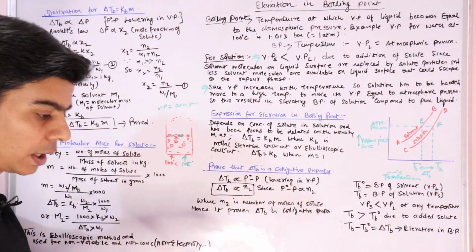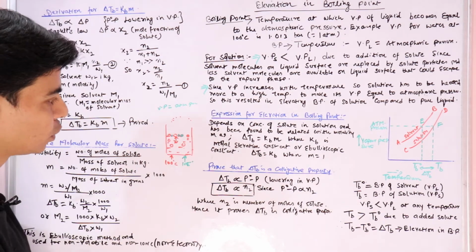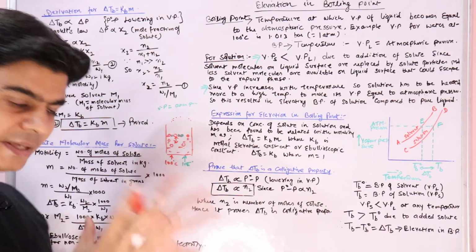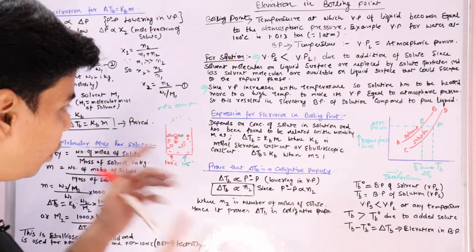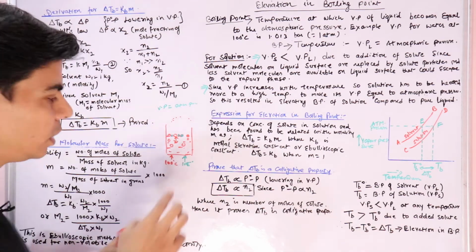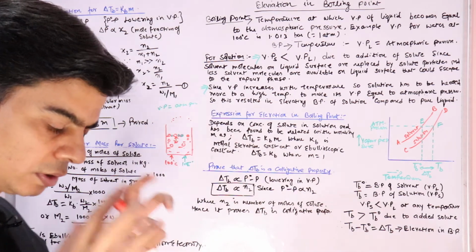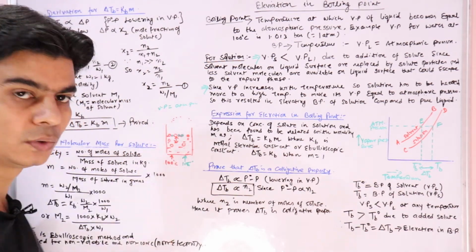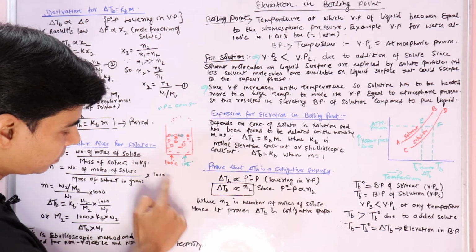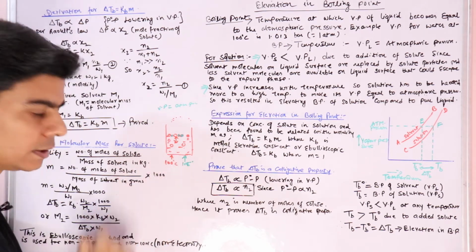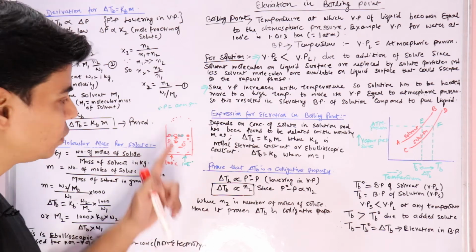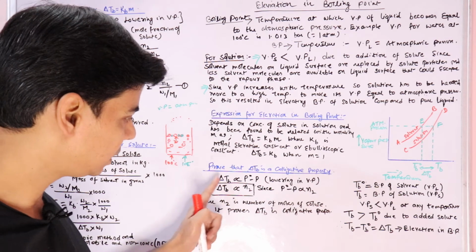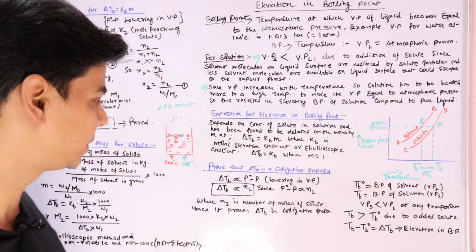When we added solute here, the vapors become less, and the more is this less vapors, we call it lowering in vapor pressure. The more the vapor pressure goes down, the more you have to heat this solution so as to make its vapor pressure equal to the atmospheric pressure. So we say delta TB is directly proportional to lowering in vapor pressure.